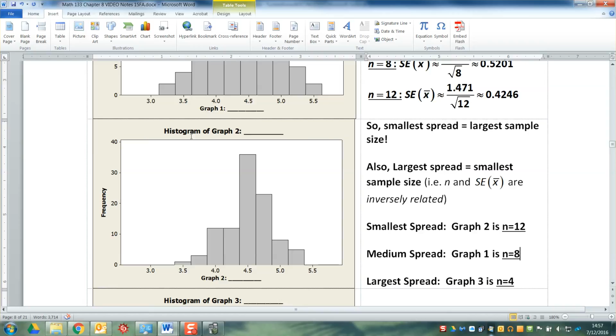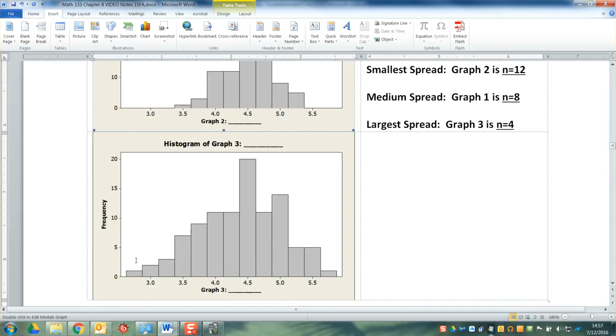Graph 1 is the middle one in terms of spread. It has more spread than the second one, because the second one's really tightly packed. Everything's mushed up into this really tall tower in the center at 4.5. So graph 2 is obviously n equals 12 because it has the least amount of spread. Graph 3 has the most amount of spread. There's all sorts of numbers on the left at 3.0 and less, and at 5.5 and greater.